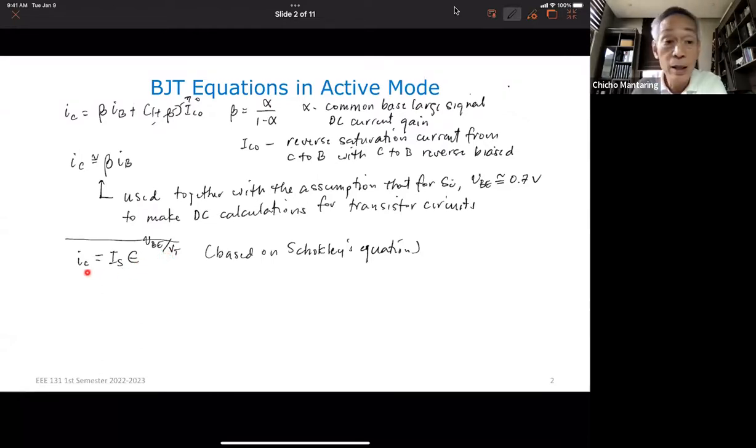Okay. However, in active mode, IC is proportional to IE. In fact, IC is equal to alpha times IE. Therefore, IC is also proportional to e to the VBE over v sub t. And the constant of proportionality we assign as the transistor parameter I sub s. I sub s is what we call the transistor scale current.